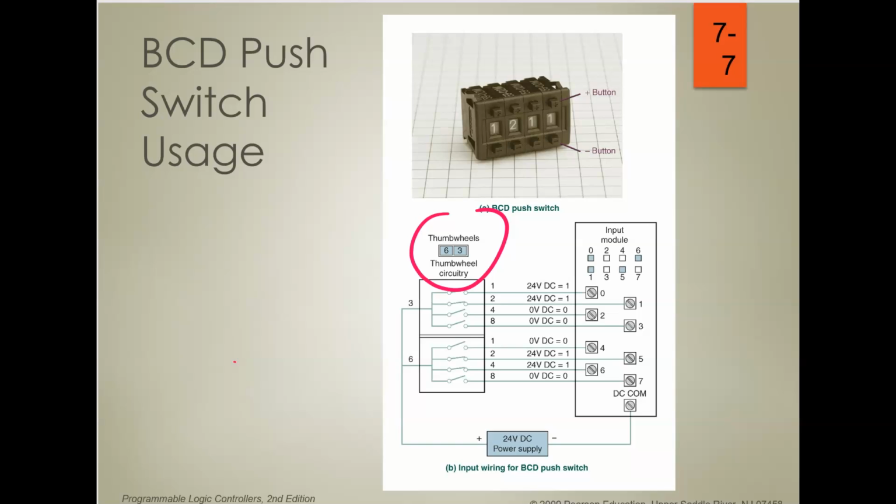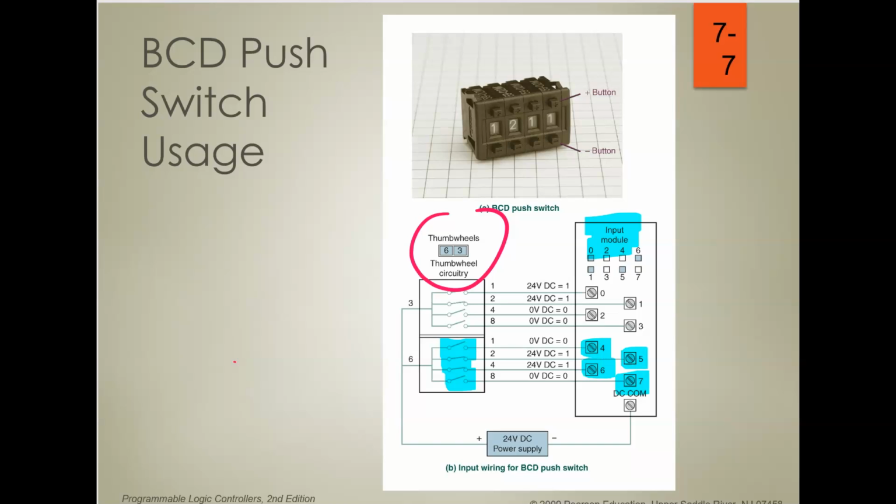Now, how will this 63 be converted through the push switch? Push switch has 4 switches for each single digit. So in order to show the input module of PLC, it will use 4 inputs.